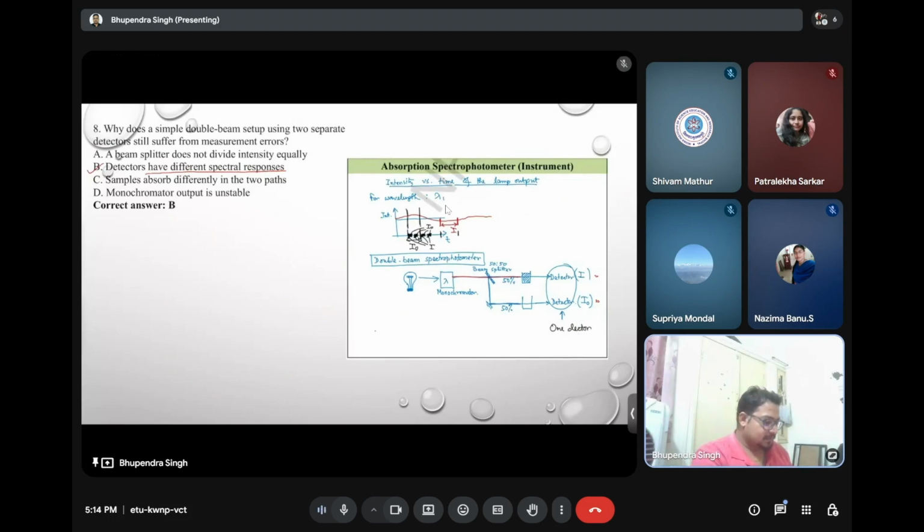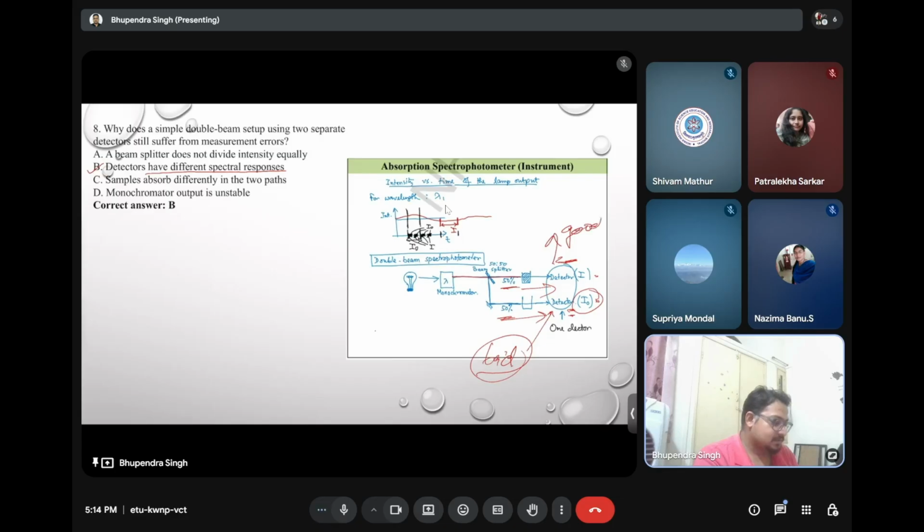Because if there are two detectors, let's say this detector and this detector, even if you are splitting the light 50-50, 50% going here and 50% going into this detector, but their efficiency of detecting the photons is different, then there is no point of reference. Let's say this is a bad detector, and this one is good.